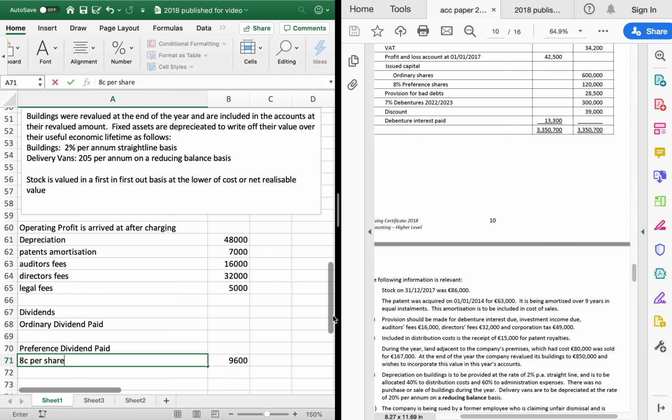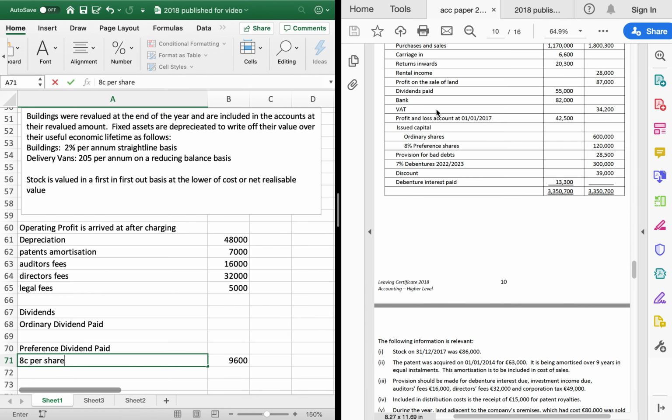So the remainder of the dividends, which is 55,000 minus 9,600, is your ordinary dividend paid. Now you have to say what that is per share. To find out what it is per share, you take the 45,400 and divide it by 600,000.